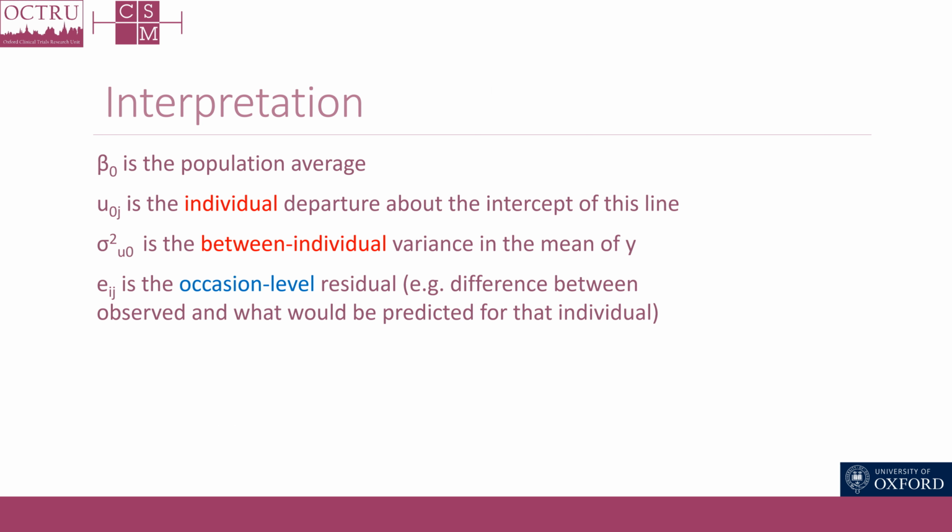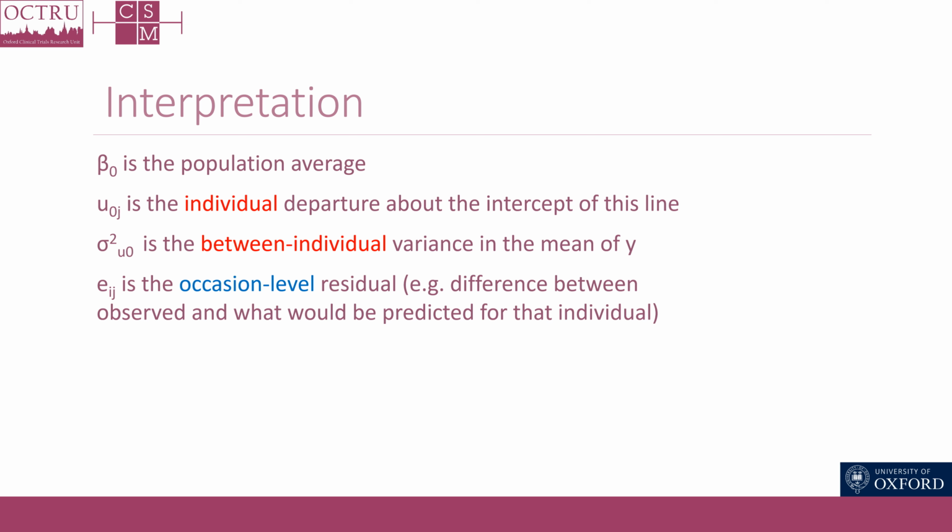Let's see how we interpret these parameters of the model. So beta naught, we said, is the overall population average, the intercept of the model. U naught j is the individual departure from the population average.